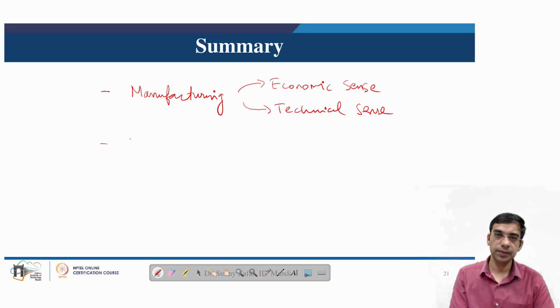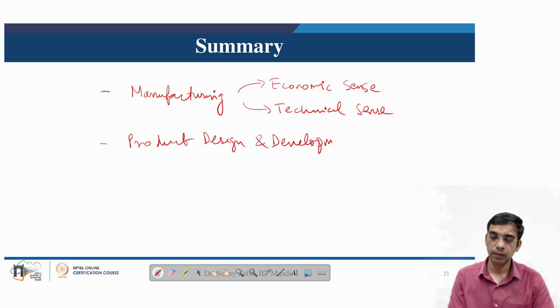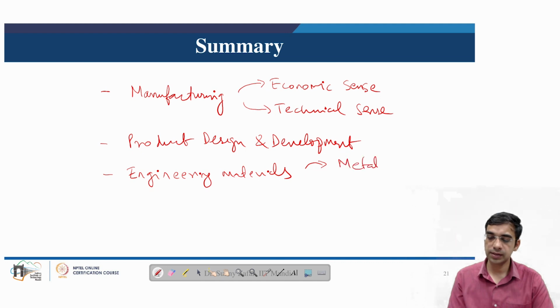We have looked at concepts of product design and development. We have looked at the classification of engineering materials, in which specifically we have looked in detail at metals and polymers.